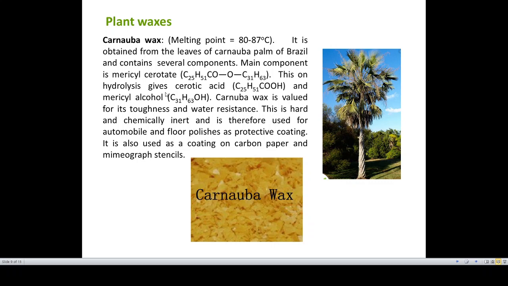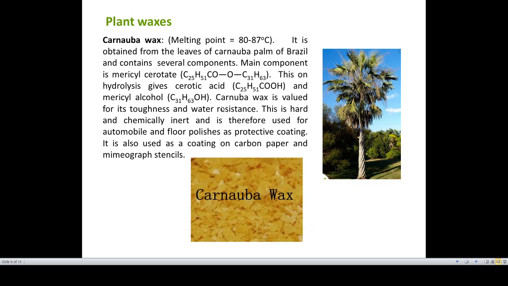However, when we take the major component, it is myricyl cerotate, which is C25H51 bonded with an ester linkage with C31H63. Upon hydrolysis, we get cerotic acid and an alcohol, that is myricyl alcohol.